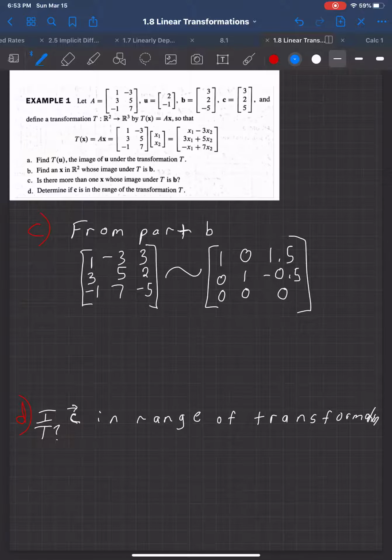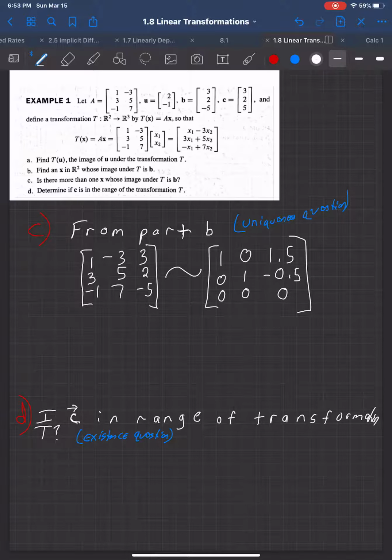Part B is actually a uniqueness question, whereas part D is an existence question. But let's jump in. Ready?